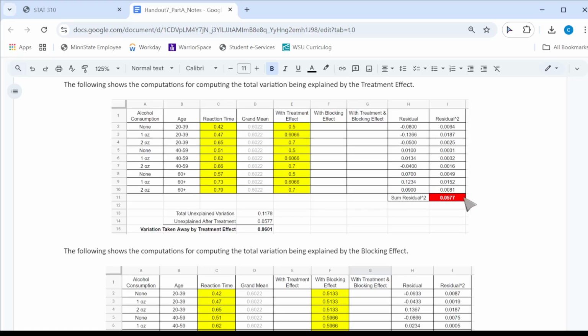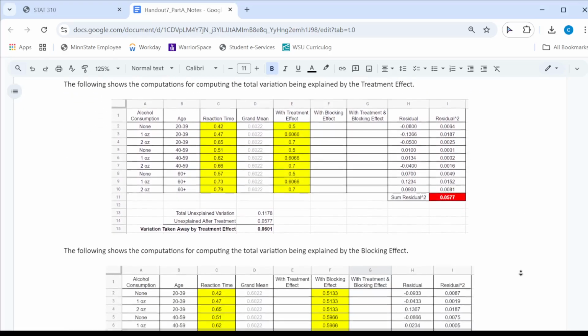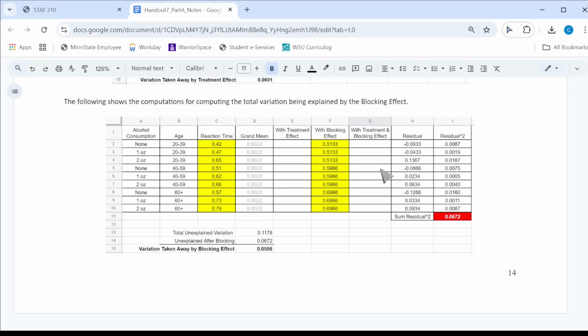And then I'm going to get the errors from that. This here is going to be the effect due to the treatment being in the model. And then I have that same quantity down here with the blocking. So now I'm just looking at the young people versus the middle age versus the older age. And that's going to be the errors that are left over after blocking.